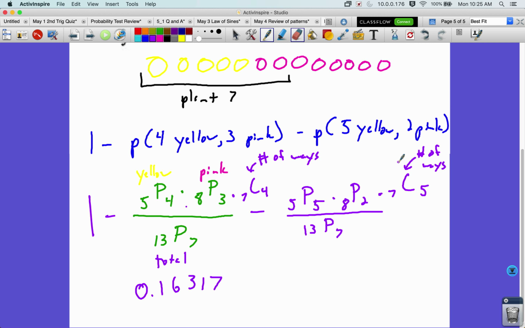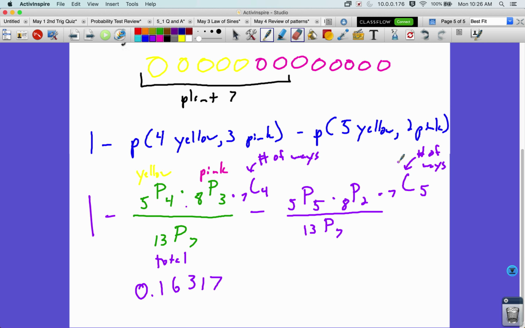We'll do this one. So 5 pick 5, which is just, well, it's 120. Oh yeah, because we're going to get rid of those different rearrangements with the 13 pick 7. I think I said it was equal to 1 earlier. That would be 5 choose 5. But 120, that's okay.